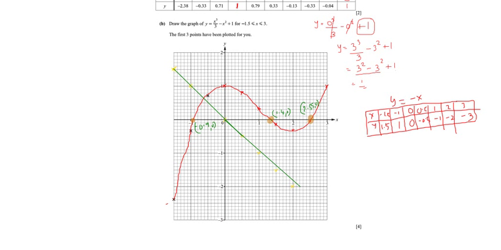So we got the answer. The answer is where they cross each other, so it's here. And what is the x value at that point? It's 1, 2, 3, 4, 5, 6. So I'll assume it's minus 0.6. So I'm writing that. That is the answer.